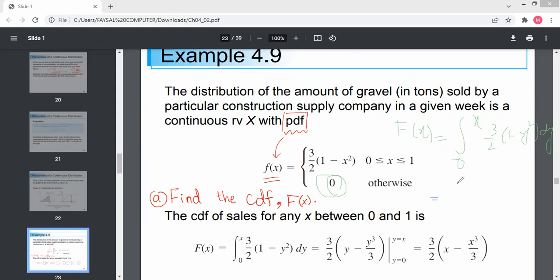So it will be 3 upon 2 with y minus y cube upon 3, with upper and lower limits x and 0.